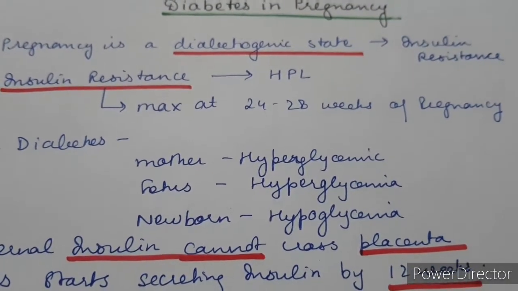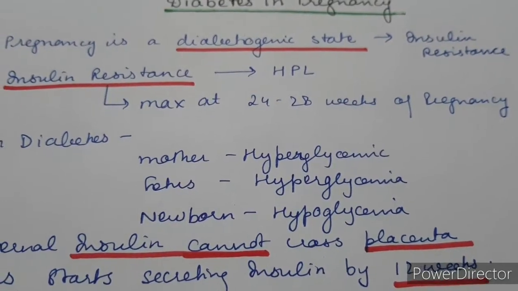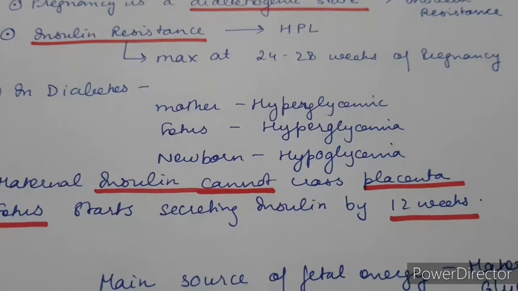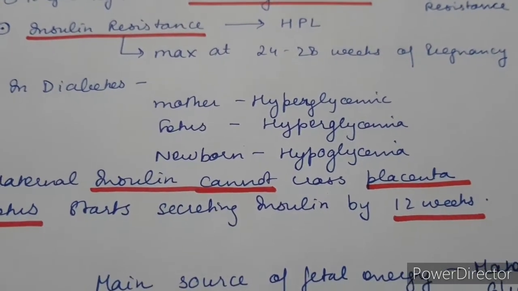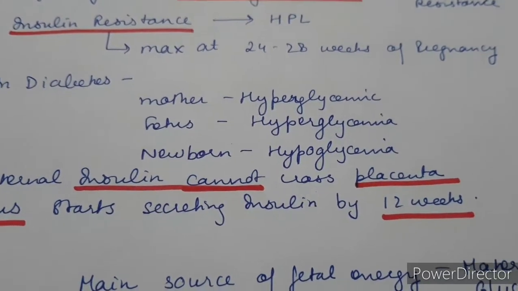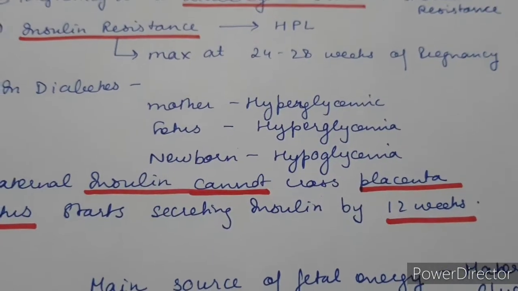The insulin resistance is maximum at 24 to 28 weeks of pregnancy. So in diabetes, you must remember that the mother is hyperglycemic, the fetus is also hyperglycemic, but the newborn is hypoglycemic. Now we will study the reasons for these.